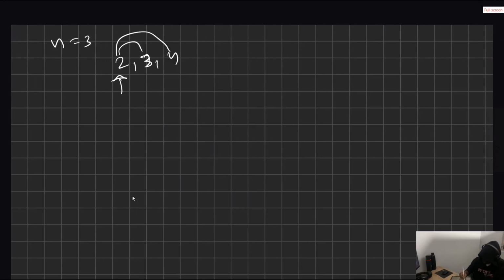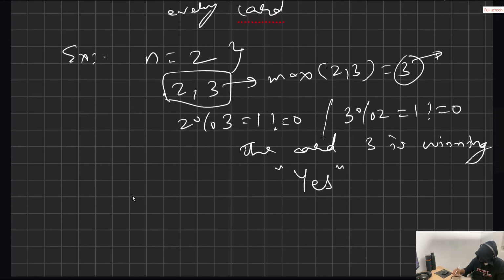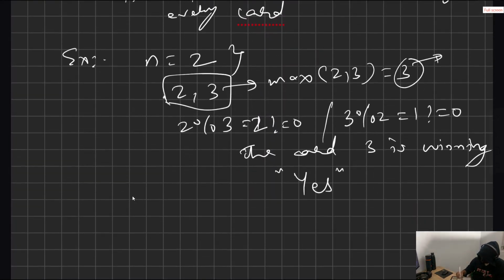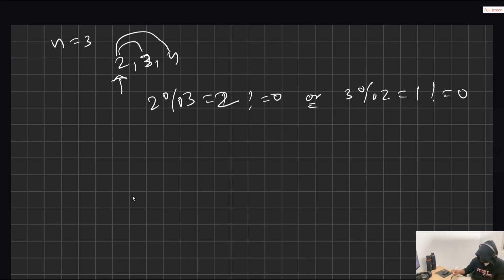So 2 and 3: 2 modulus 3 gives you 2, it is not equal to 0. And if you consider 3 modulus 2, again it is giving 1, it is not equal to 0.